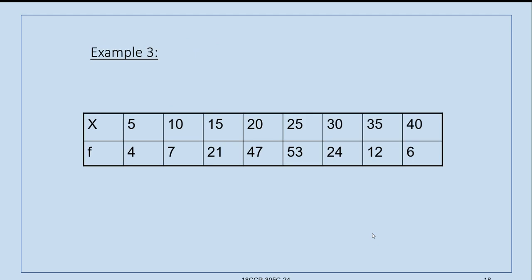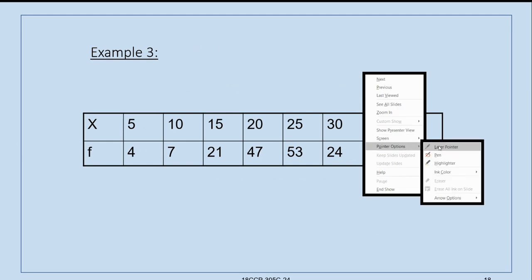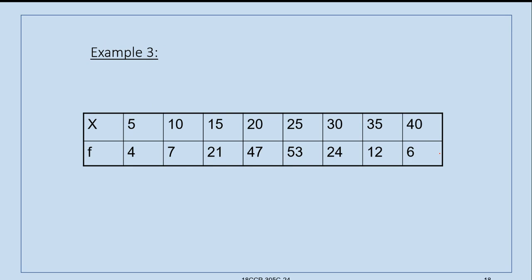We will see an example. Now here, as I said, we will take only the X series. We will not consider F. In this series, the smallest value is 5 and the highest value is 40.